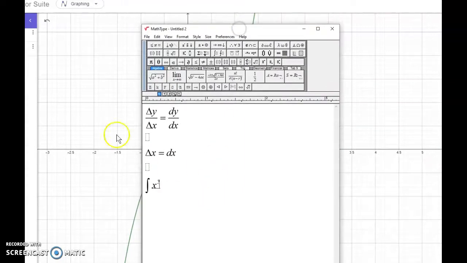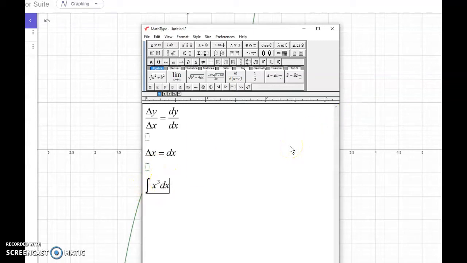We are summing the small differences in x, or dx. Hence we have the equation of integration. This is what it means.